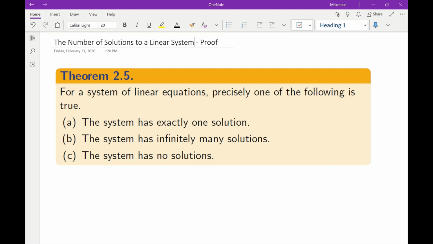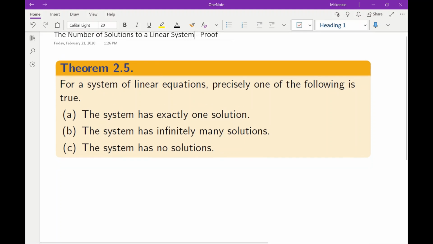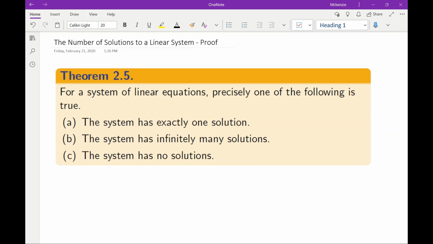They can intersect at one point, they can be the same line, or they can be parallel lines that are distinct. So let's go ahead and actually prove this, because that will allow us to verify it for more than 2x2 cases.